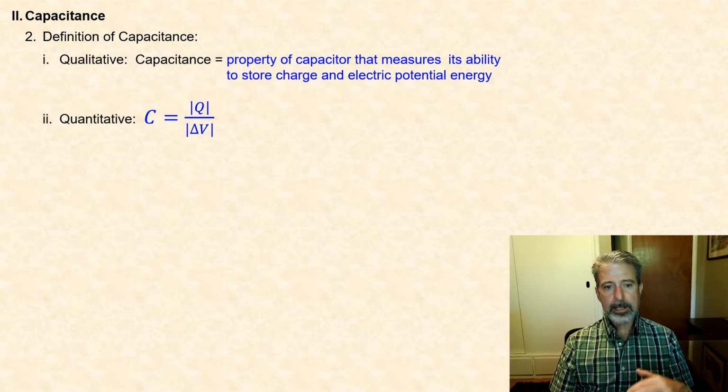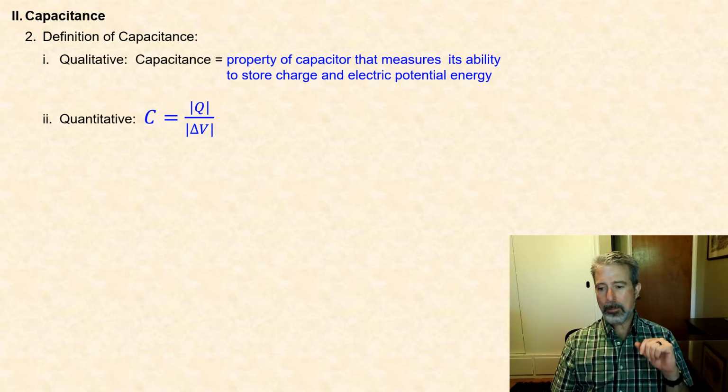So take the charge that is stored on either of those conductors, but only the positive value, the absolute value, divided by the electric potential difference of your charged conductors. Now remember, we said that the electric potential difference of the capacitor will exactly match that of the source of power when it is fully charged. So this is a definition. It's important to memorize it.